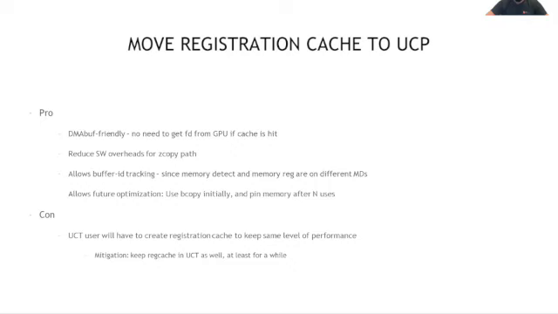Also, it would allow future optimizations that select protocols depending on the outcome from the registration cache. For example, if a registration cache has a miss, we don't have to register memory immediately. We can count usages on a buffer and register only after a while, or maybe even start asynchronous registration, and in the meantime do the bcopy protocol.